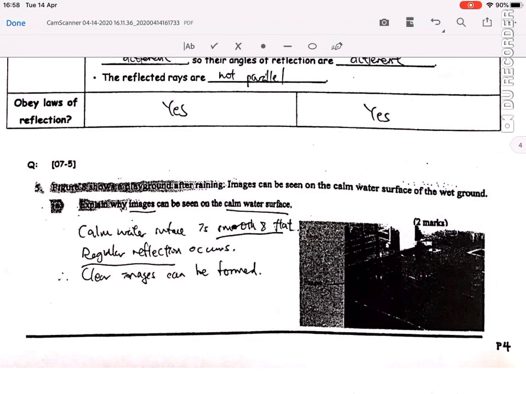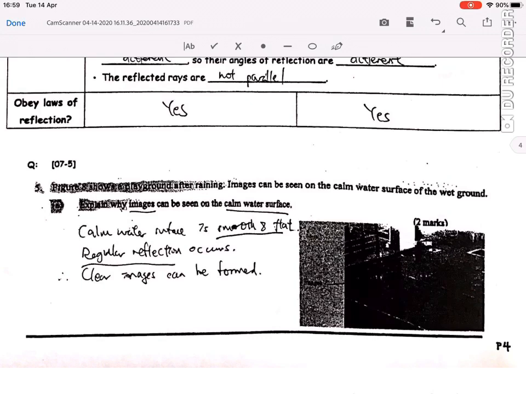Image can be seen on the calm water surface on the wet ground. Now, only answer A. Explain why images can be seen on the calm water surface. We need to use the terms we have seen on top. The calm water surface is smooth and flat. Regular reflection occurs. Therefore, an image can be found.